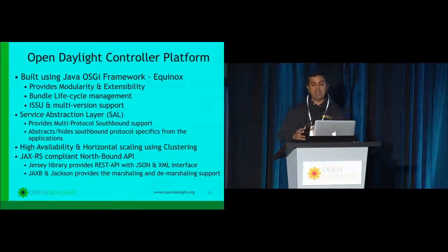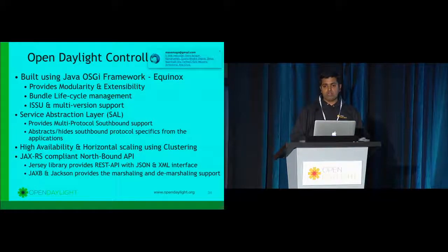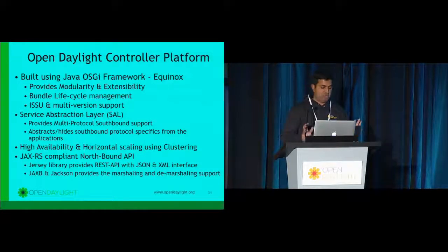But once you have requirements like modularity, extensibility, ISSU, and so on, you have to really think about a framework that provides you in-service software upgrade. That's one of the most important things. And it should be modular so that you can plug in and plug out components. You can dynamically upgrade a given fix. You can have new algorithms dynamically introduced without needing to reload or bring down the controller, and so on, right? OSGI provides all those natively without any issues at all.